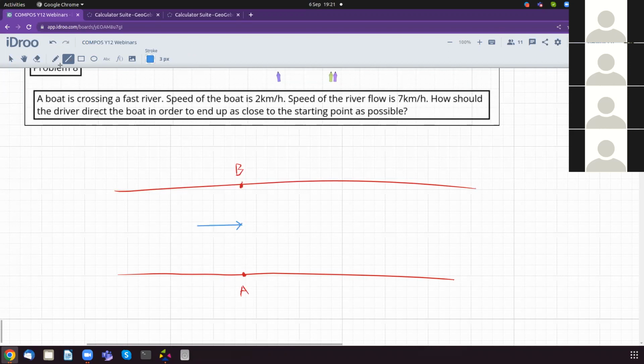Why not just go like this? And then this would be your actual speed. So this is 7 kilometers per hour. So why is this not possible? Somebody tell me.